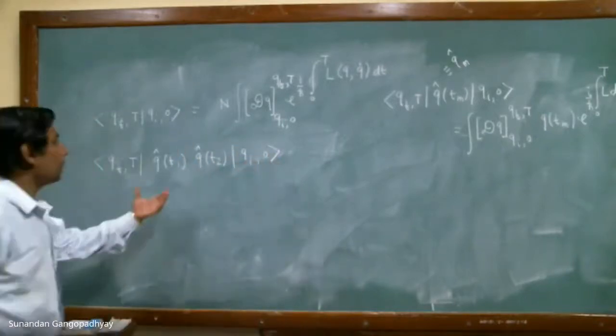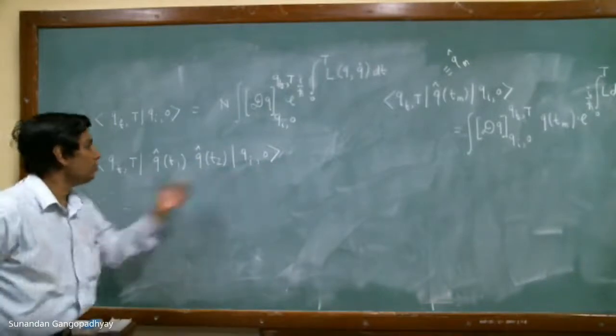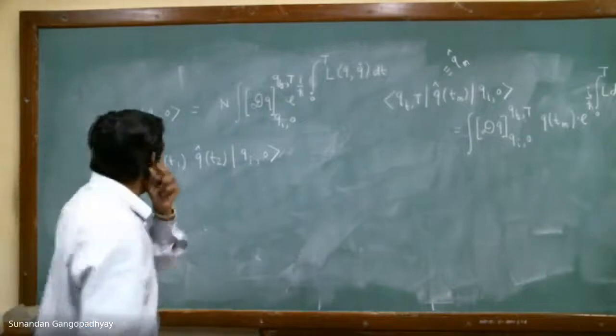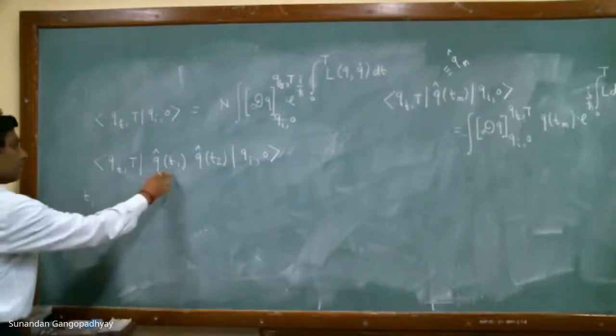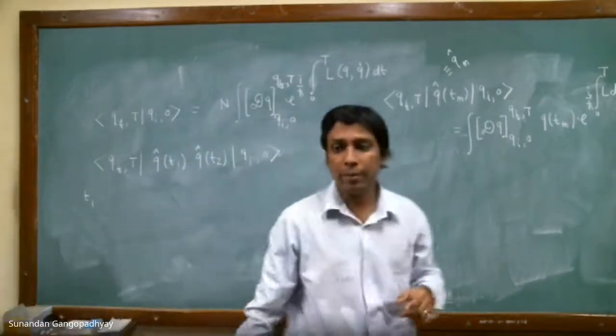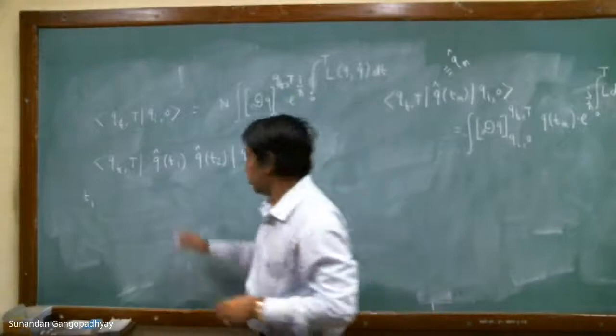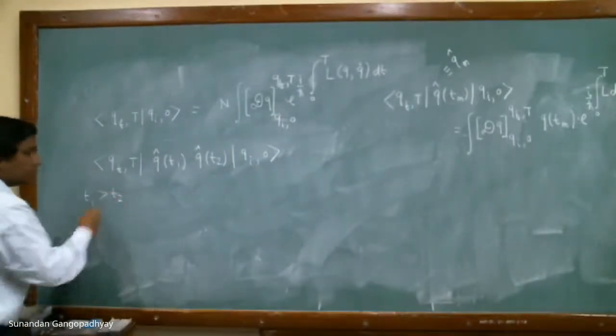Now you take the product of two operators and take its matrix element between these two states. And you remember that since these are two operators at two different times, time ordering becomes very important, because let us assume that t1 is greater than t2.